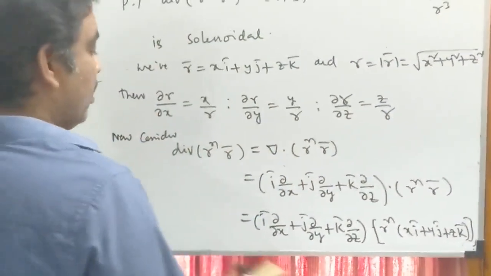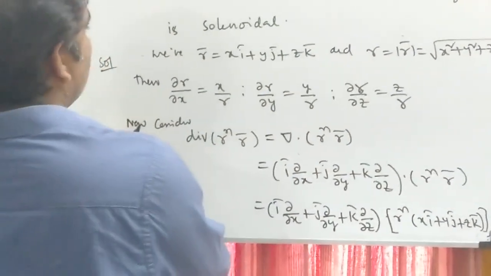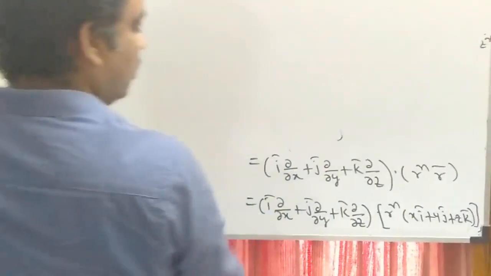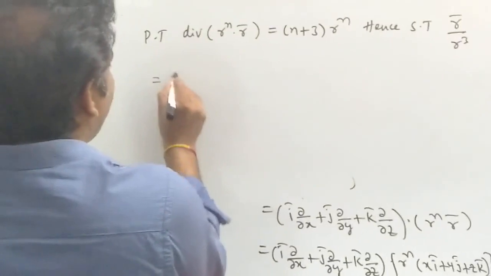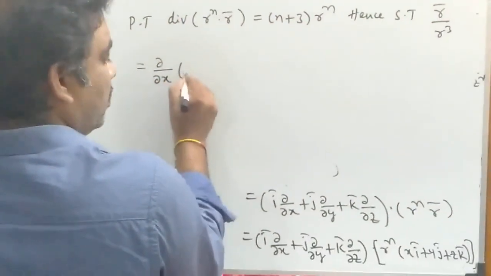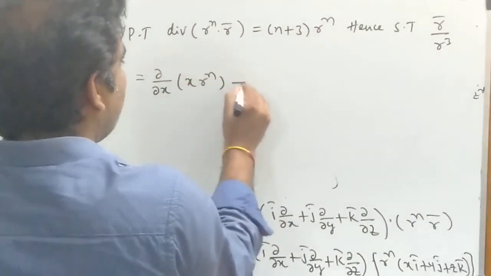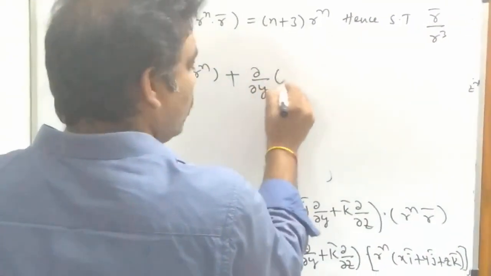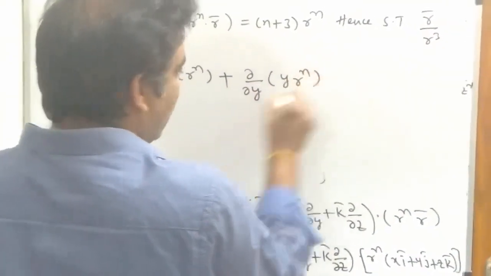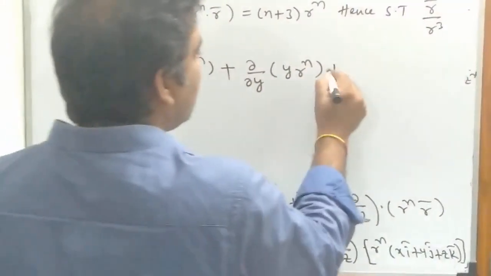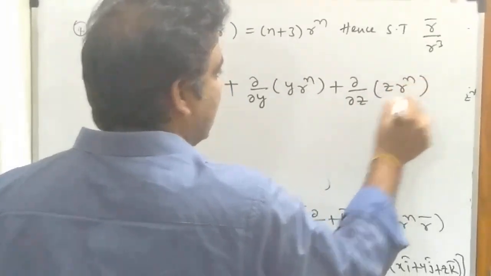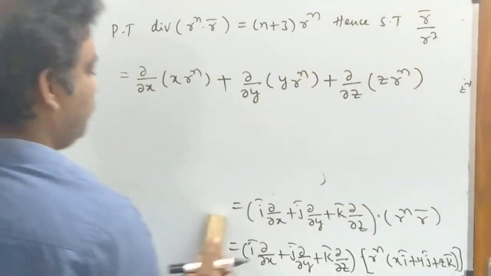Now I am making the dot product: ∂/∂x of x into r power n, similarly ∂/∂y of y into r power n, plus ∂/∂z of z into r power n.